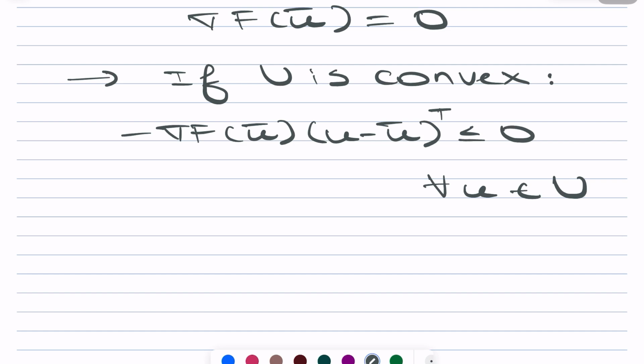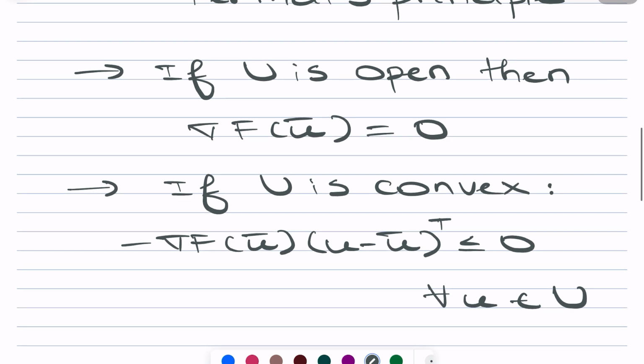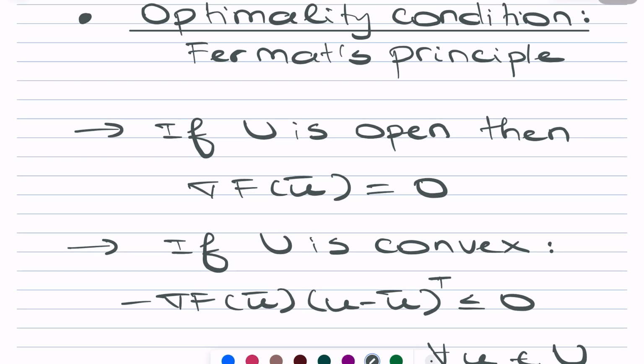So it's up to you. Basically this is how one would characterize a minimizer of such a functional in the finite dimensional case.